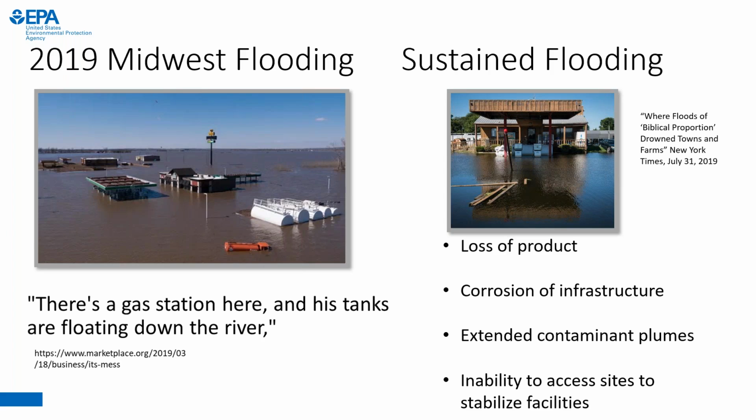Importantly, the extent of contamination of a plume is complicated under these scenarios. You may already have a site that you're cleaning up that's been inundated as well. You may have a situation where new plumes are created. And ultimately, we're in a position that we can't access these sites and we can't stabilize these sites very well.